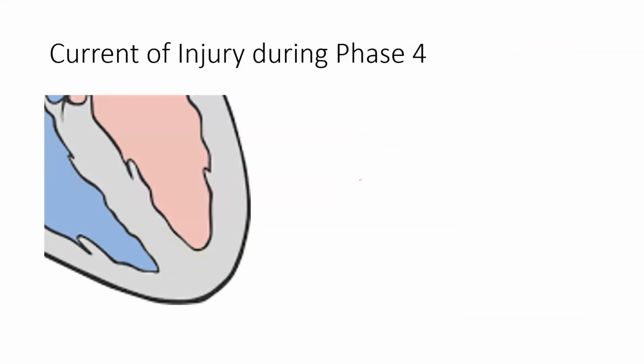So when we're looking at the current of injury, again, let's just draw our little coronary artery. And let's start off with ST depression. How does that actually happen? And then we're going to talk about our STEMIs. Okay, so let's just say there's a partial occlusion, or an occlusion that isn't going to cause a transmural infarction.